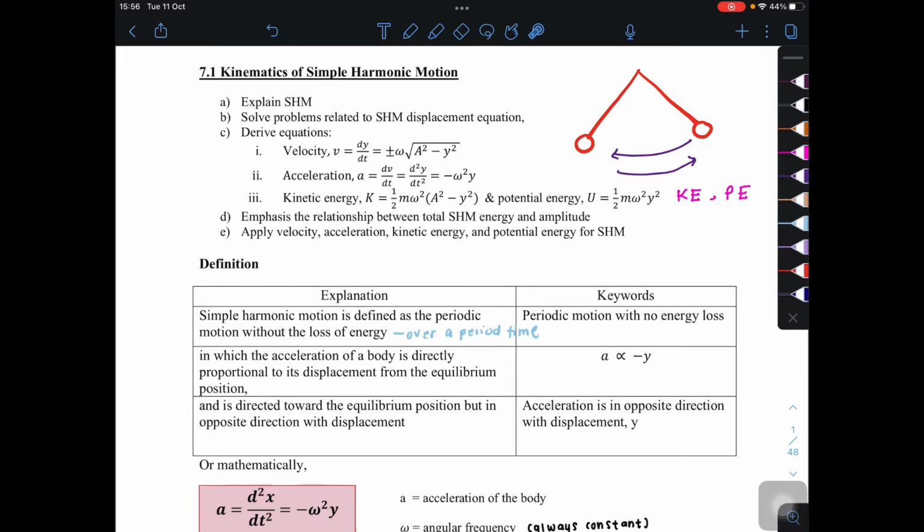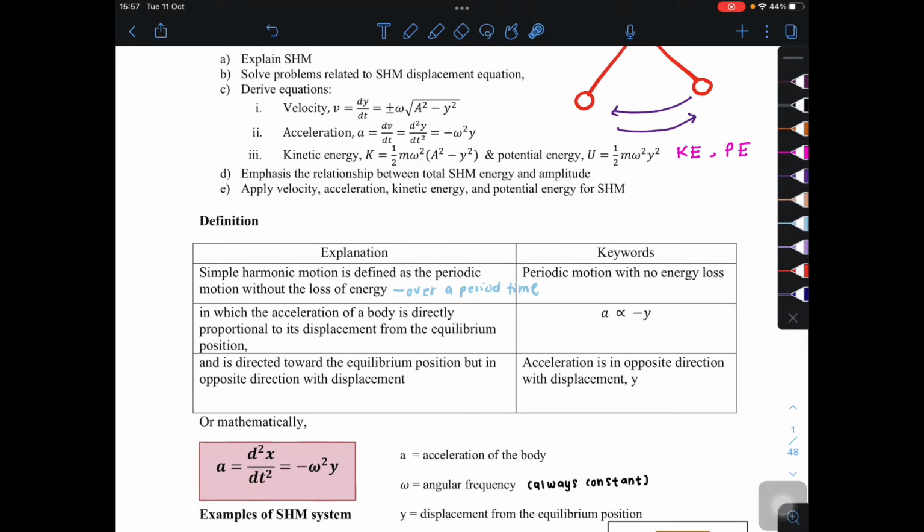But within a certain period of time, for example within 10 seconds lah, dia akan stable, still moving. So during that time we call it simple harmonic motion, di mana energy dia tetap sama, energy dia tidak berubah lah, there is no loss of energy. So that's why kita cakap simple harmonic motion ni there is no loss of energy during this period of time, bukan during the whole situasi.